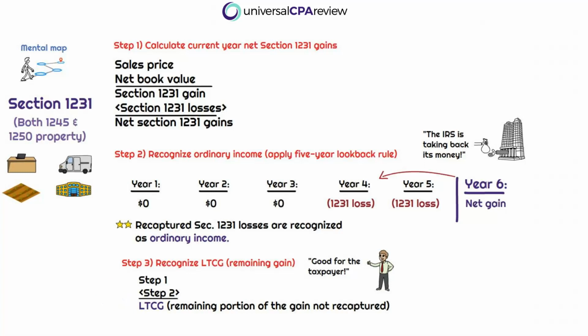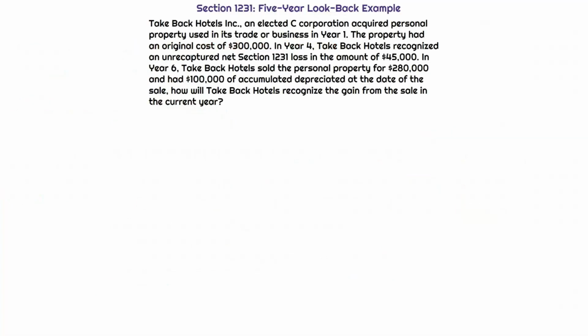Okay, so let's go through an example to see this with real numbers. Take Back Hotels, Inc., an elected C corporation, acquired assets that are used in the trade or business in year 1. The property had an original cost of $300,000. In year 4, Take Back Hotels recognized an unrecaptured Section 1231 loss in the amount of $45,000.